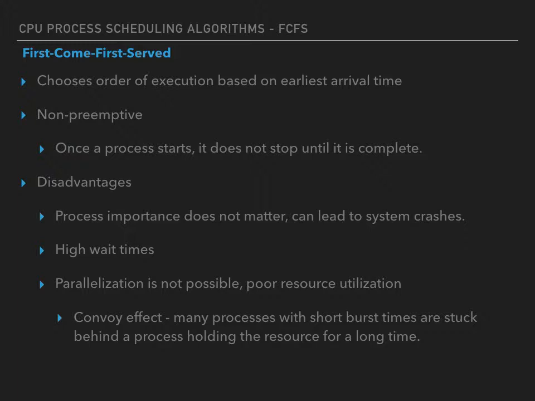First come, first serve also results in high wait times, and parallelization and multi-threading is not possible and results in poor resource utilization. This can result in the convoy effect, which is many processes with a short burst time being stuck behind a process holding that resource for a long time.